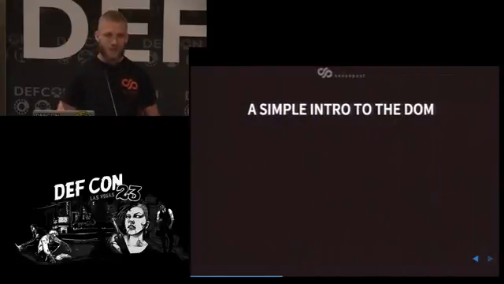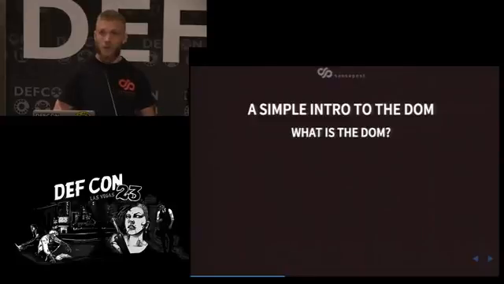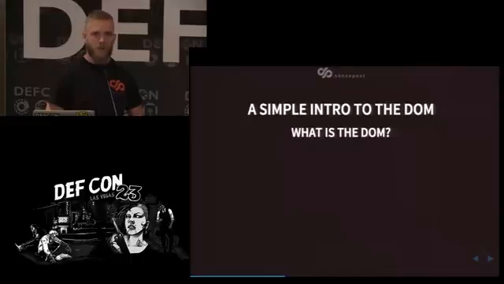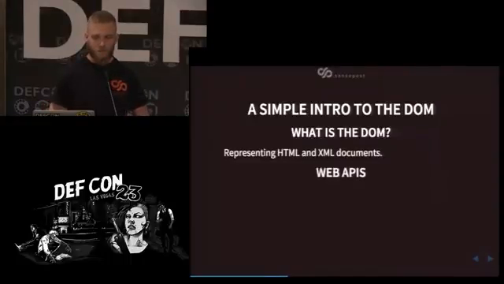So, a simple intro into the DOM. The DOM, or the Document Object Model, provides us with the standard objects to describe HTML and XML documents. It also provides interfaces for interacting with these objects and manipulating them.